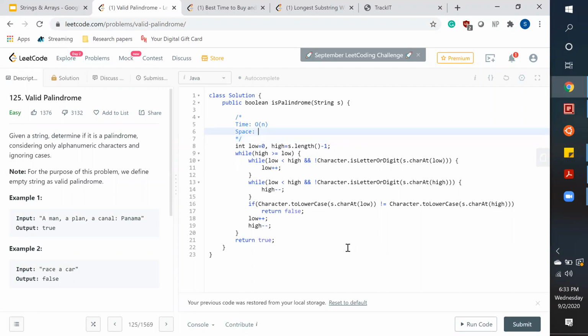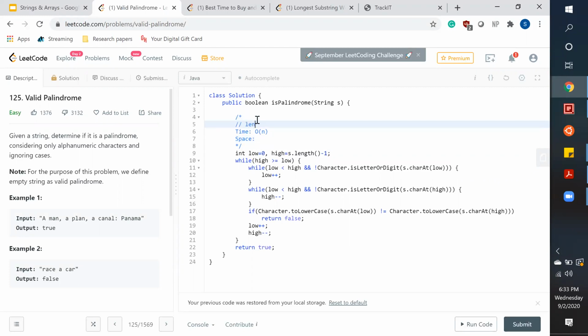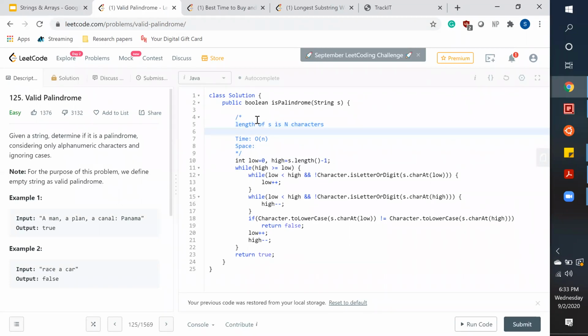And how about space complexity? Yeah, sure. I can explain space complexity. So space complexity is essentially how much space your program is taking with respect to the size of the input. So let's say the length of S is n characters, right? Say I'd created an array to keep track of whatever I wanted.